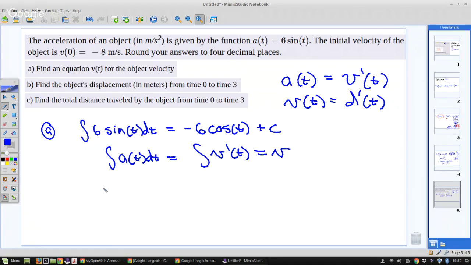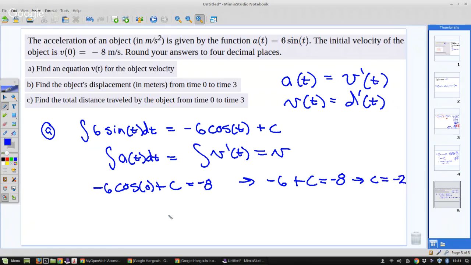So I get negative 6 times the cosine of 0 plus c equals negative 8. Cosine of 0 is 1, so negative 6 plus c equals negative 8. So then c is going to be negative 2.